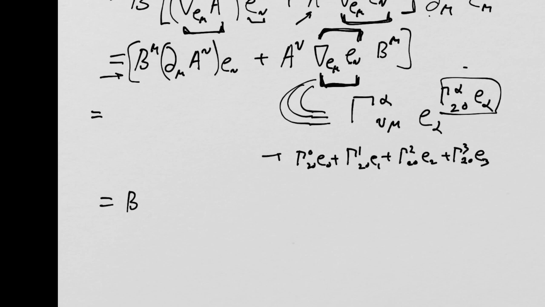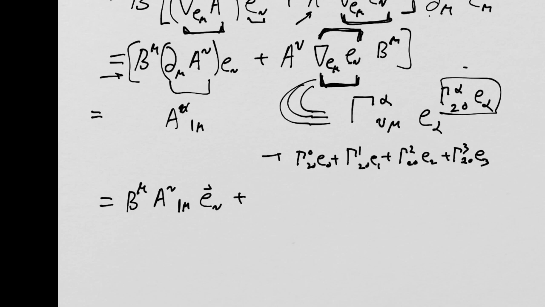This is B mu, and then it's A nu partial mu. I'm going to use the single line notation to capture what this is, right? That's equivalent to A mu partial, or nu partial mu. And then I'm carrying around these basis vectors, so it's got E mu as the basis vector.